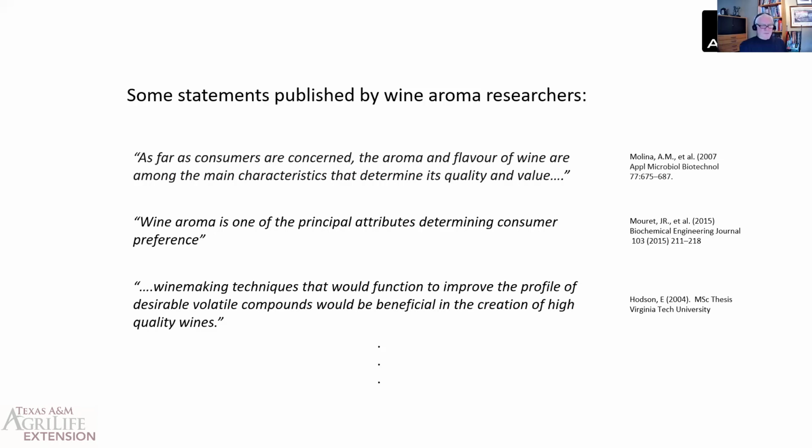So if there was some way to not only prevent aroma loss, but especially prevent the loss of desirable aroma compounds, that would be a big boon to the wine industry. So I went away and thought about ways to do it. Being a pulmonary scientist, I dealt with gases every day, and I was comfortable thinking about how gases move and whatnot.